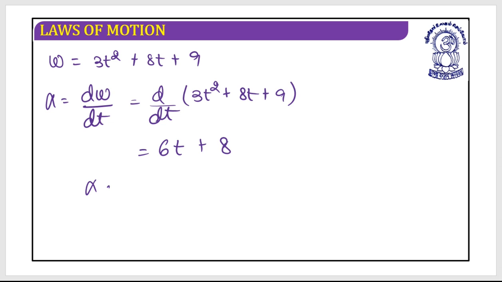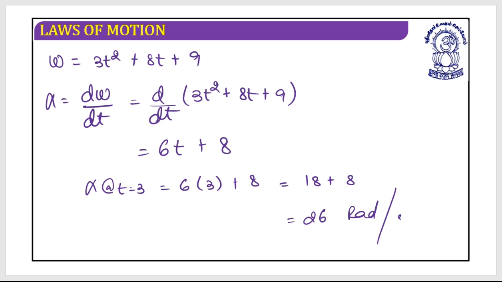I require alpha at t is equal to 3 seconds. So this is 6 3s are 18 plus 8, which is 26 radian per second square. That's it. I hope this is clear. Is it clear? Great.